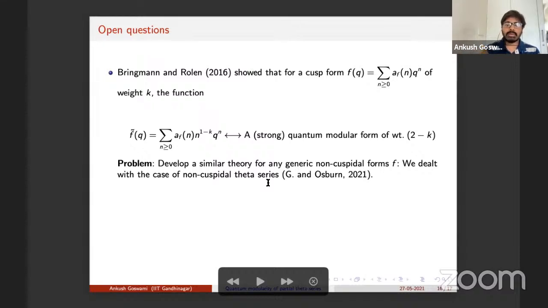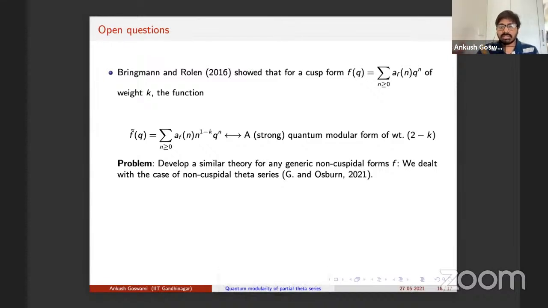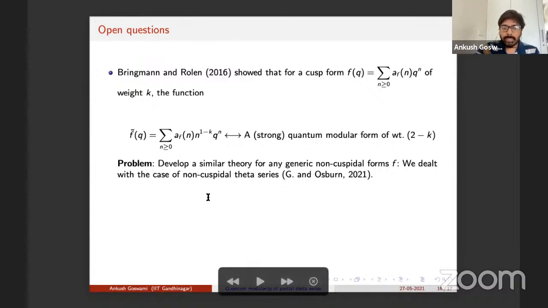The theta series that we considered, whose Eichler integrals we are showing are quantum modular forms, might not be cusp forms. We have examples there. So we have developed the theory of showing that this function f tilde, coming via Eichler integrals of theta series which are not cuspidal, are quantum modular forms. The question here is, develop a similar theory for any generic non-cuspidal forms f.